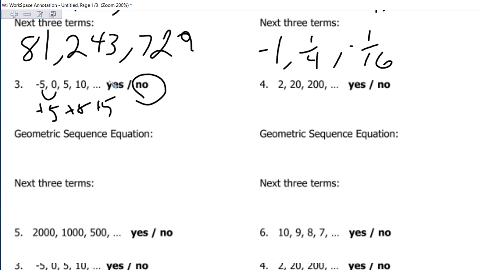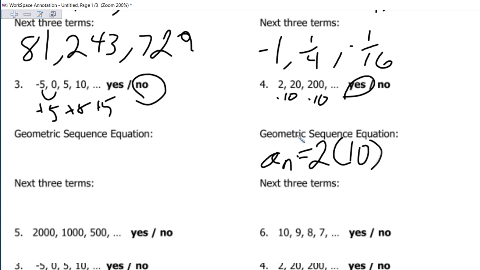Number 4. We multiply by 10. So yes, this is a geometric sequence. That's going to be a sub n equals 2 times 10 raised to the n minus 1. The 2 is where we start. The 10 is what we're multiplying by every time. Now the next 3 terms, we're going to do 200 times 10, which is 2,000.